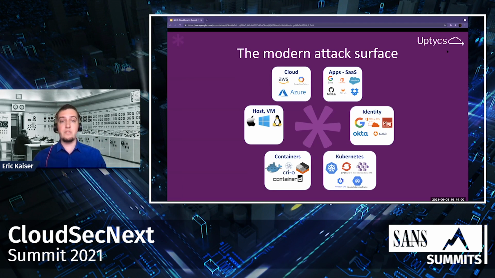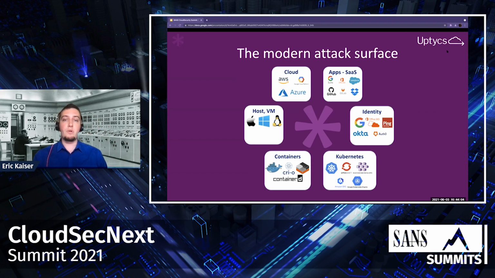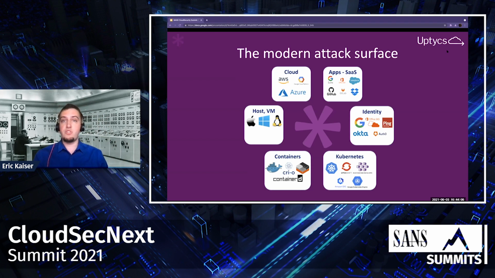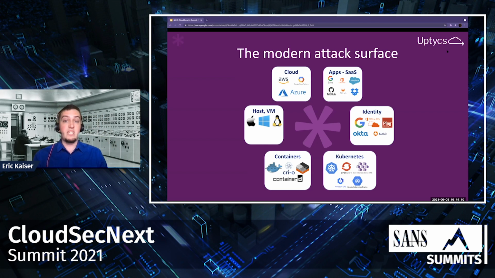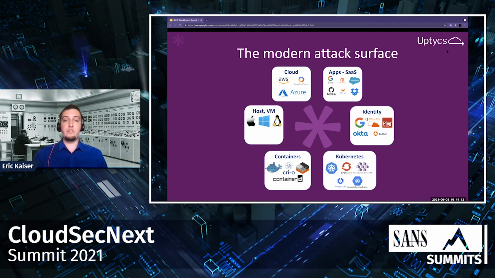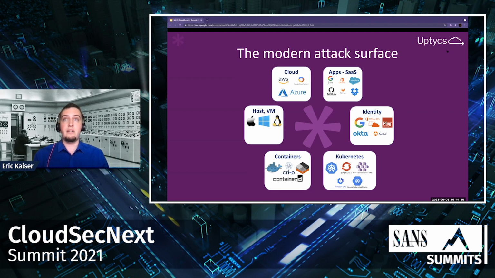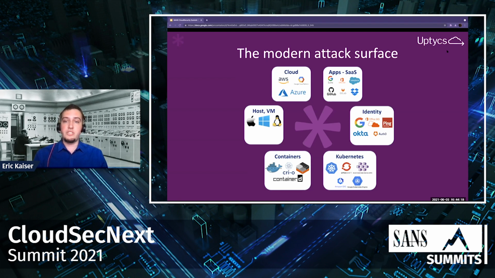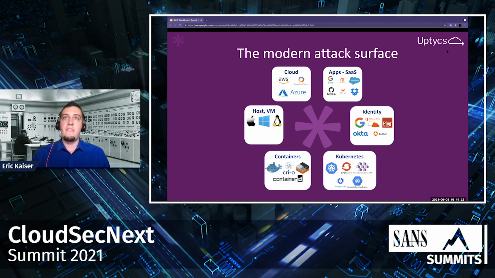Maybe you're running containers inside the cloud, so you've got multiple pieces of the stack, but also SaaS apps, right? G Suite, Office 365, Azure, GitHub, whatever your file sharing solution is, if that's Dropbox, and even your identity providers, right? Okta, G Suite, Auth0, Duo.